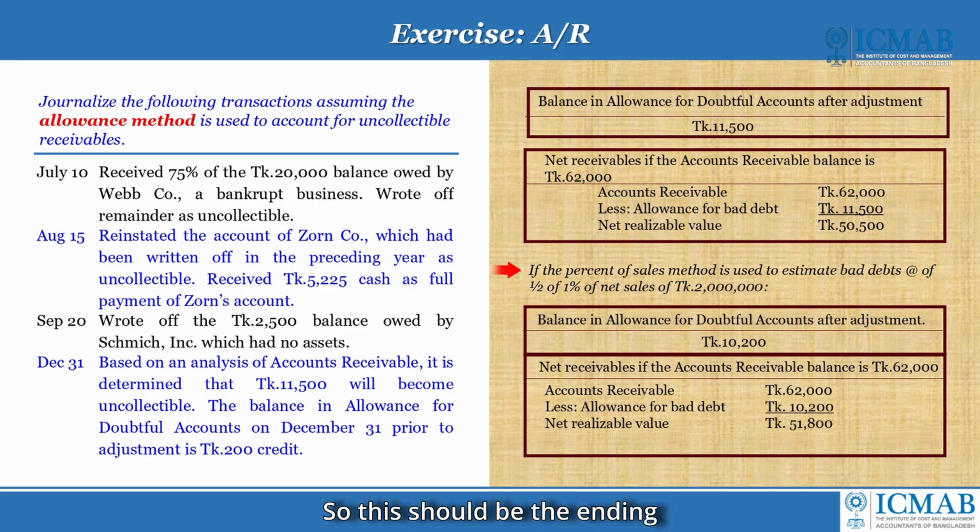So this should be the ending balance of allowance for doubtful account. So in the balance sheet, we have to deduct this allowance for bad debt amount, that is 10,200, from the account receivable account, and the net realizable value should be 51,800 under the percent of sales method.